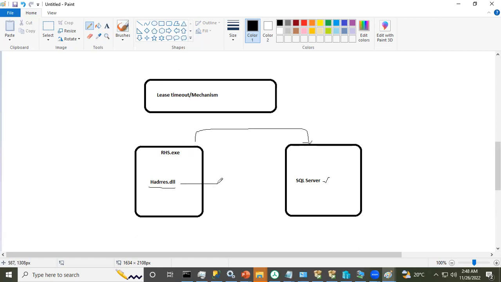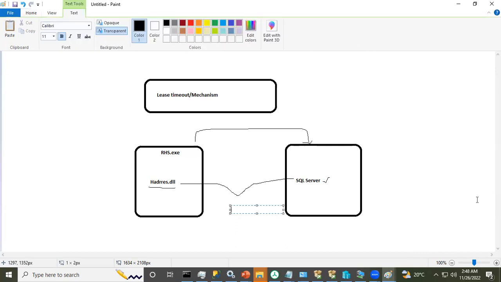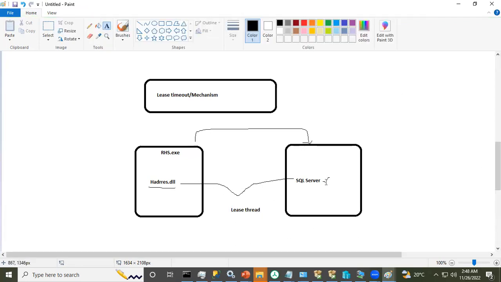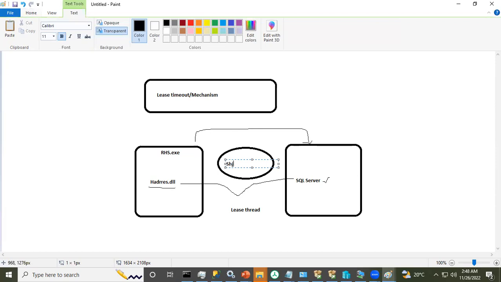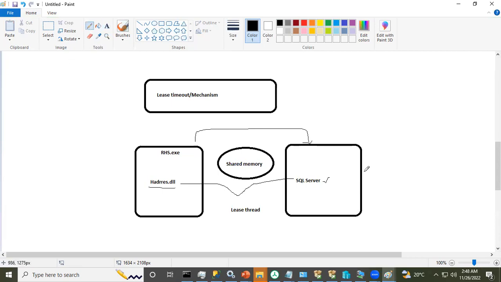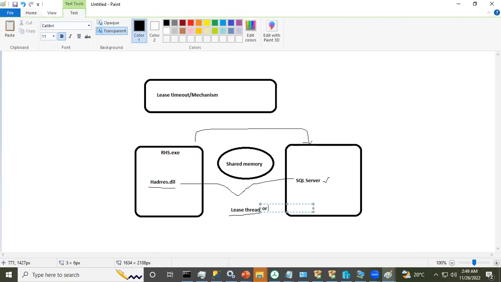It opens a shared memory and connects to the SQL Server using a dedicated thread called the lease thread. It opens a connection to the SQL Server using shared memory, by a lease worker or lease thread.